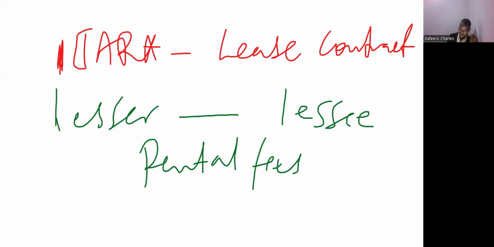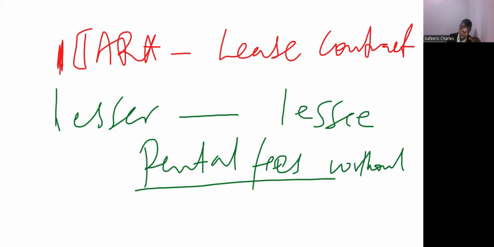You'll be making either monthly or annual payments. But the bottom line is that you will be paying rental fees without interest. And if you include interest, then the principle would have been killed. Then it wouldn't be Islamic.